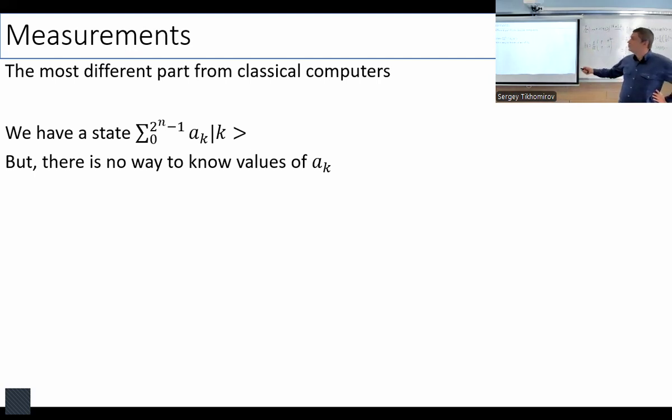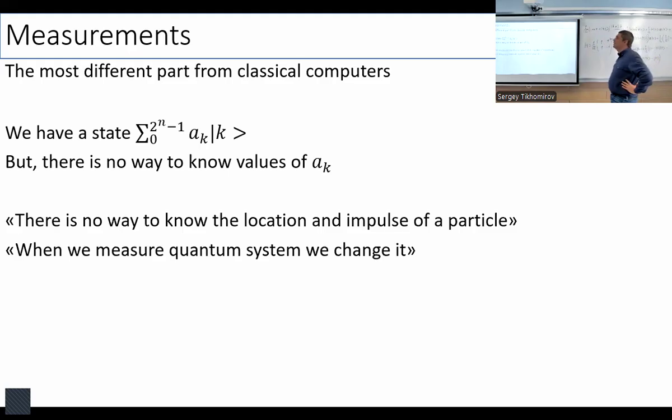There is no way to know the values AK. There is no way to measure the value AK. This reflects famous principles from quantum mechanics which reach outside of physics. There is no way to know the location and impulse of a particle. It's not very well applicable to this situation concretely, but it is the same philosophy.